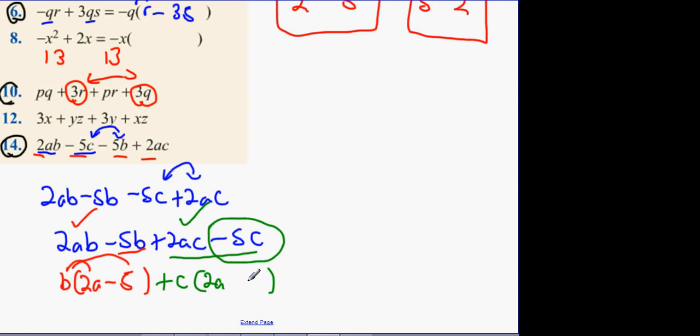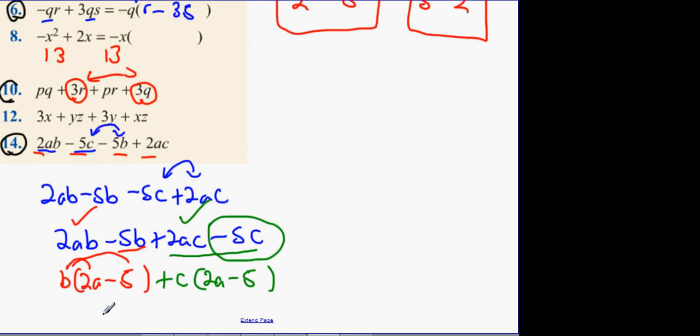Minus 5. Exactly. And you see when you multiply it back out, you get the exact same thing. Now what's the answer then? 2a minus 5. In the second bracket, what's in the first bracket? B plus c in the first bracket. Okay? Alright guys.